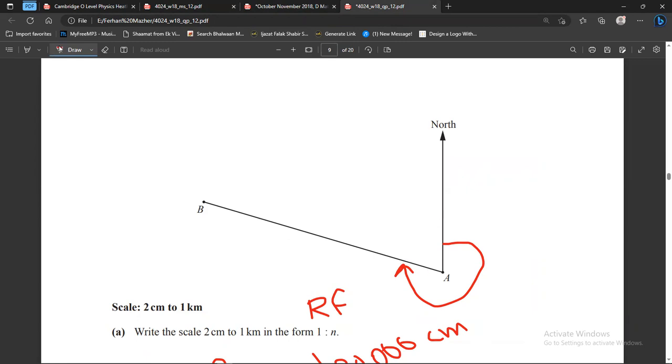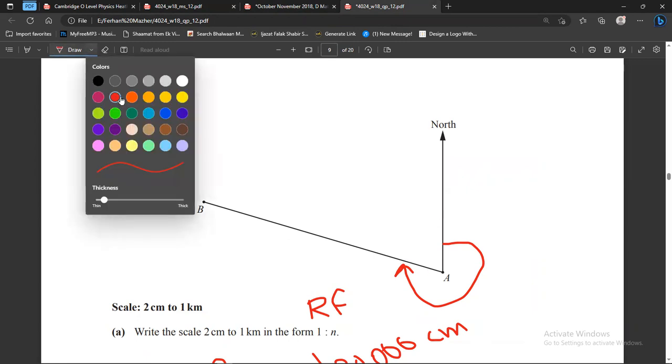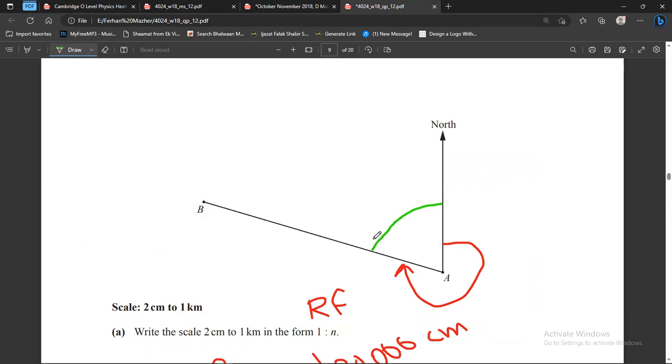So what you will do is measure this angle with the help of the compass. Suppose this angle is alpha. Then this outer angle will be 360 minus alpha, and this will be the bearing of B from A.